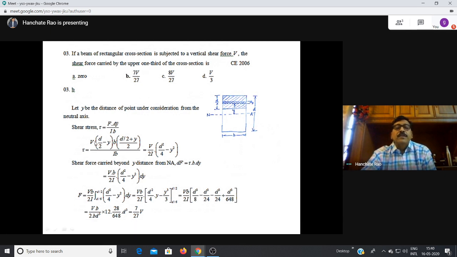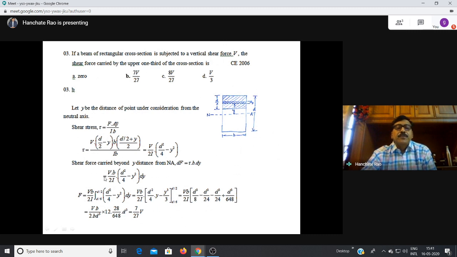So tau is equal to F into AY bar by I, where the shear force F is V. Instead of calculating the shear stress distribution for this area separately, better we integrate it.